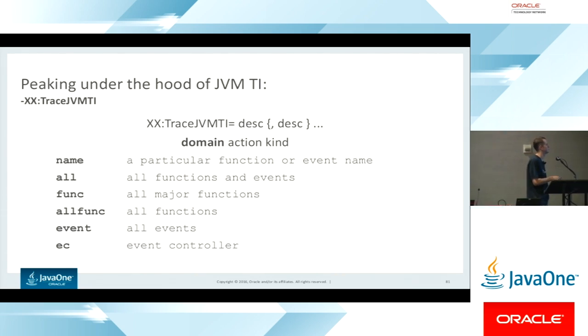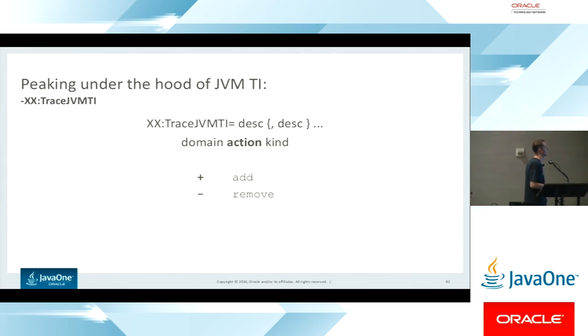It's strange how you have func, which is all the major functions, and then every function is a function, but not all functions are functions. So it's kind of an Orwellian thing going on there. But you can basically specify what types of events or interactions across this API boundary you're interested in getting debug output for, and then you can add or remove tracing to that.